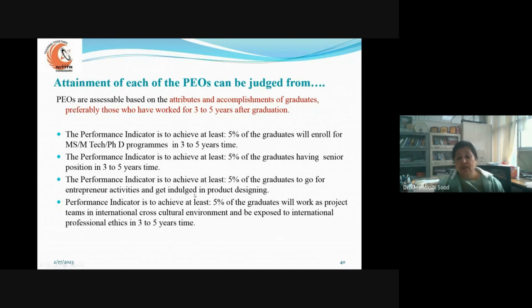Okay. Then how many percentage of graduates are going for entrepreneurial activities, or going for product designing.